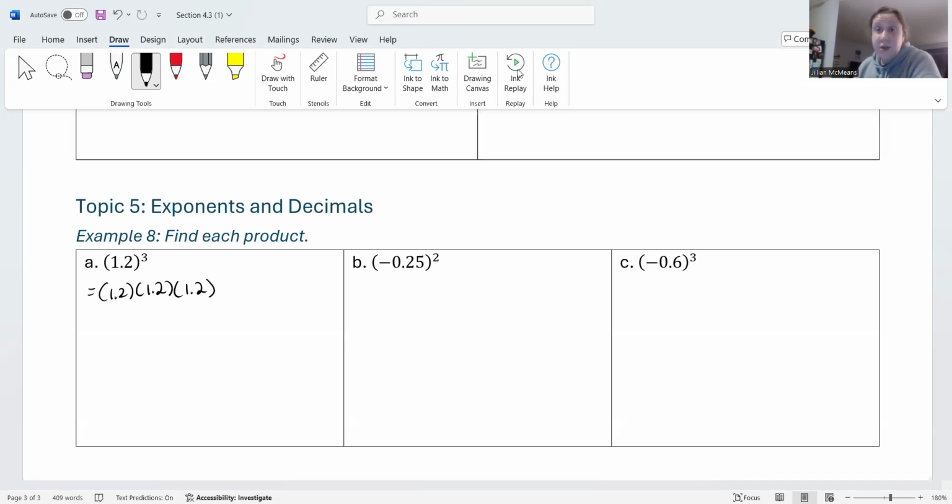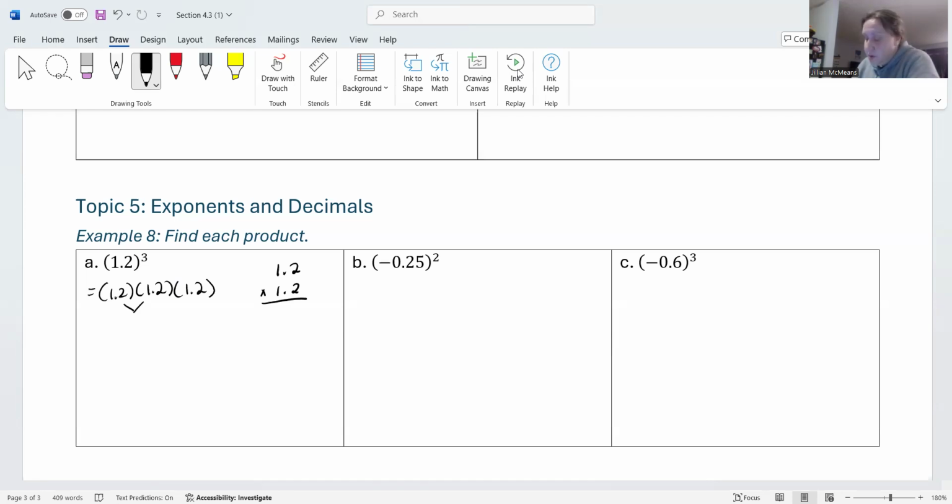So you just want to multiply. I'm going to start by multiplying these two right here. So I'm going to take 1.2 and multiply it by 1.2, and then we'll come back and get that third 1.2, okay? Now, the good news is really soon I'm going to give you full rights to a calculator, but I do want you to understand the basics with adding, subtracting, multiplying, and dividing decimals first, okay?